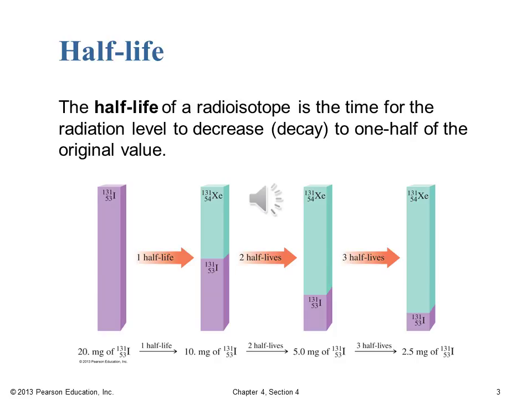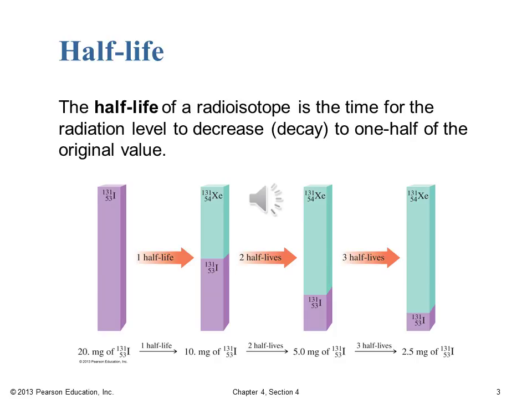So in our image down below, we see that we have 20 milligrams of iodine-131, a radioactive isotope of iodine that's commonly used in radiochemistry, or in diagnostic imaging as it's known in the medical setting, to look at thyroid function.